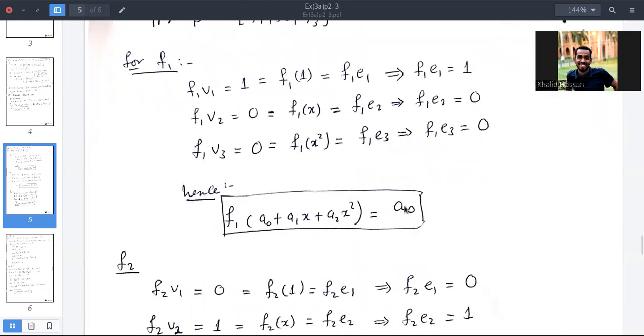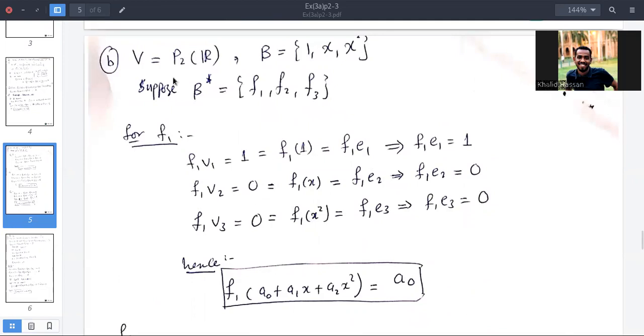Hence, because we are talking about polynomials of degree at most 2, we can write them as a0 plus a1 x plus a2 x squared.